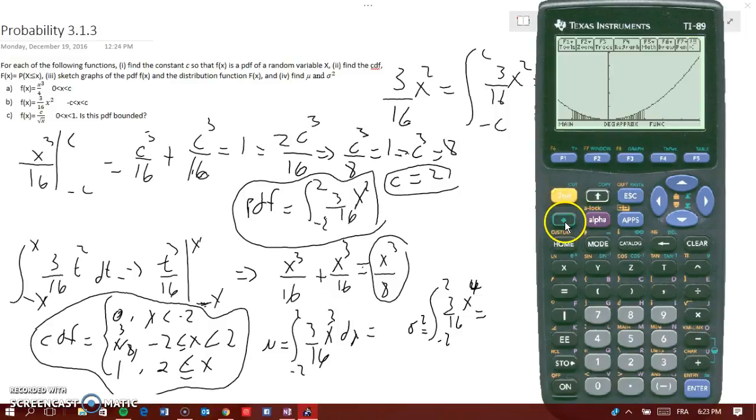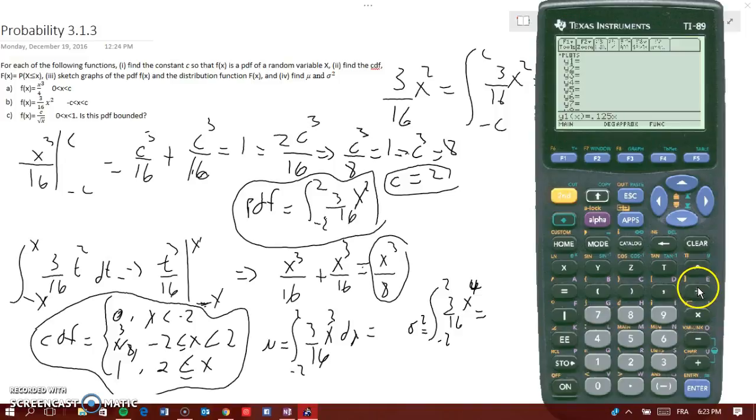So how are we going to graph the CDF now? The CDF will be the second part that we found, which is x over 8. 1/8 is 0.125, so 0.125 x to the power of 3.